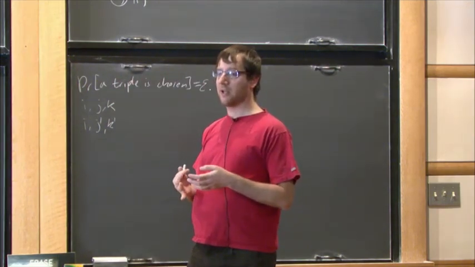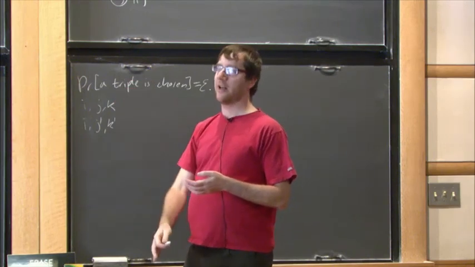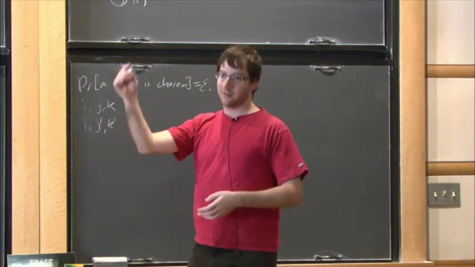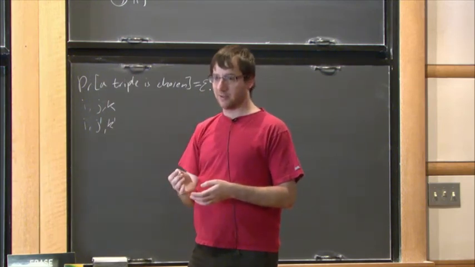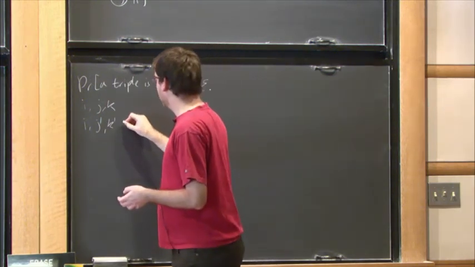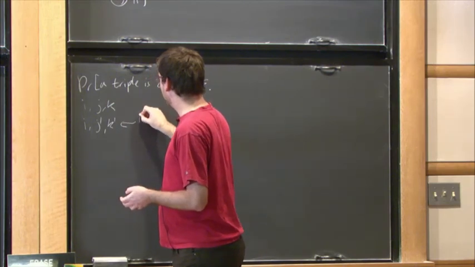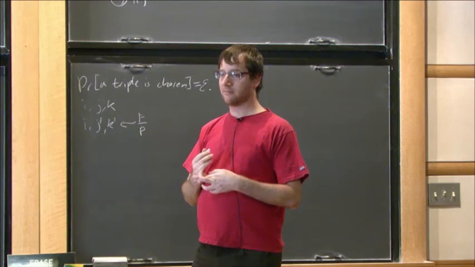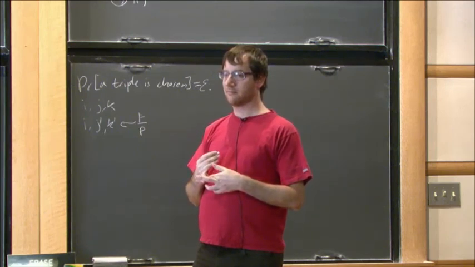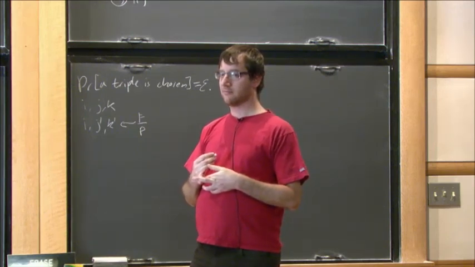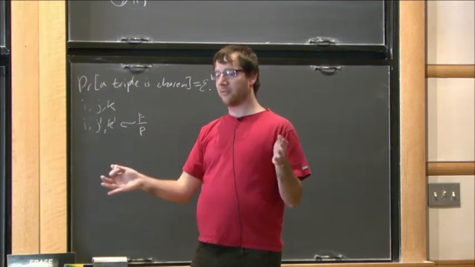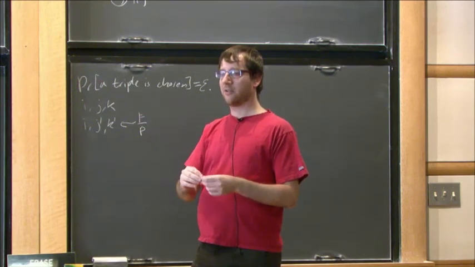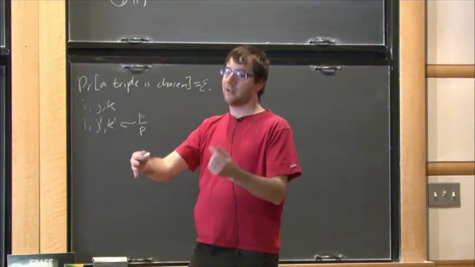So how many of these triples are there? In total, there are f triples, and if you project to the first coordinate, then there are p different x indices. Everything is symmetric, so the number of potential conflicts is just f over p minus 1. So f is the total number of triples, and there are p choices for the first coordinate. If you look at how many have this first coordinate, it has to be f over p.